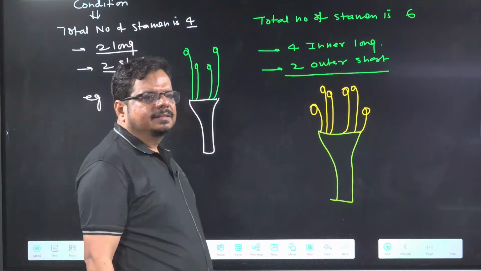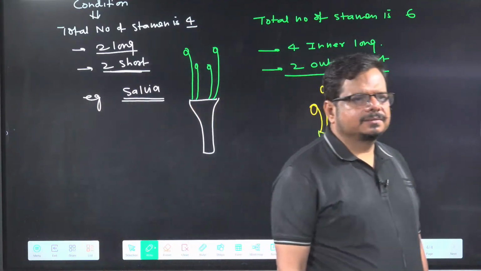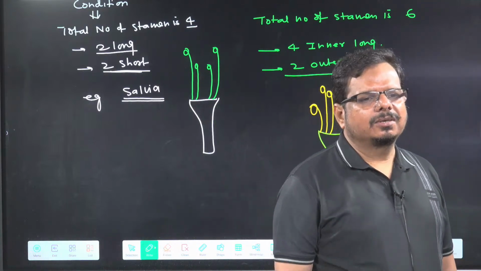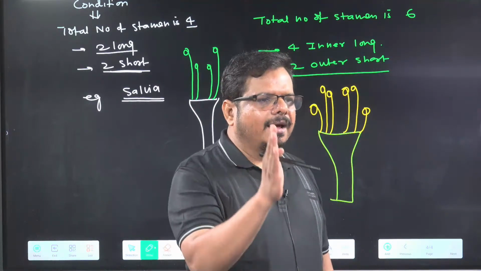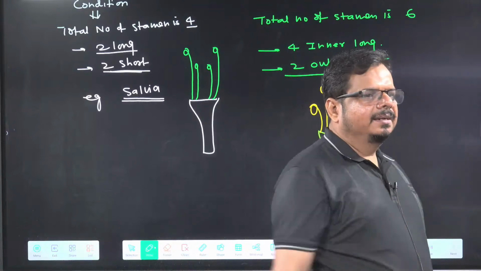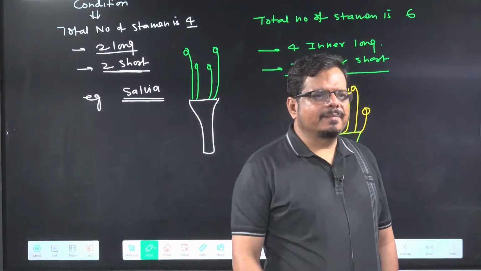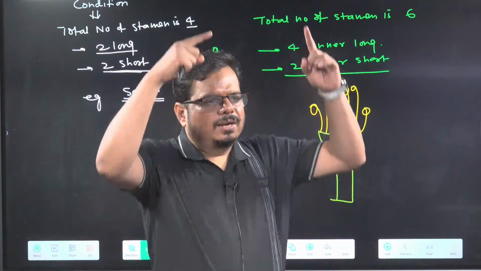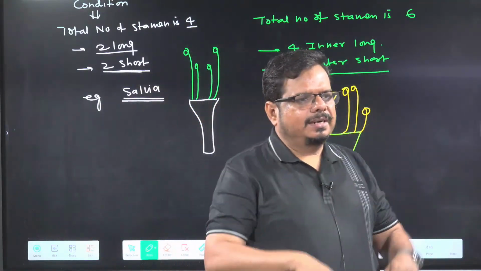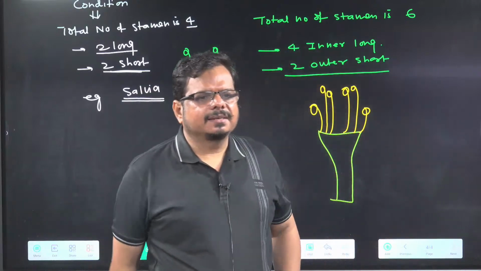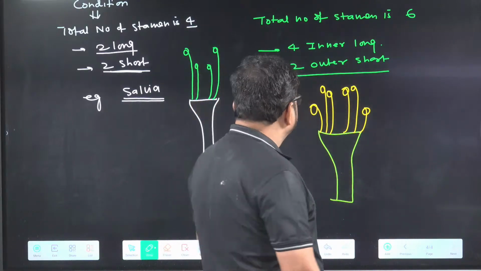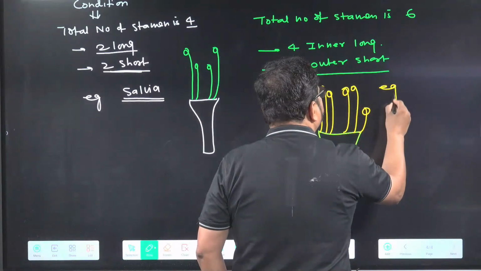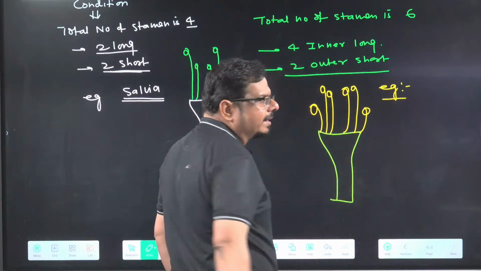What you are finding? 4 are longer and 2 are shorter. Tetra di means stamens arranged in 2 unequal lengths, 4 longer, 2 shorter. Clear in the mind? So total number of stamens is 6.